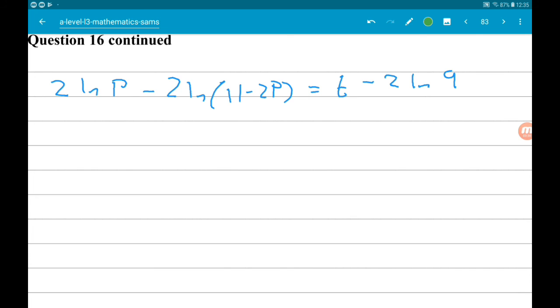Now, something really handy to notice here is that every log term has a 2 on the outside. So if we divide through by 2, we get log p minus log 11 minus 2p is equal to t over 2 minus log 9.